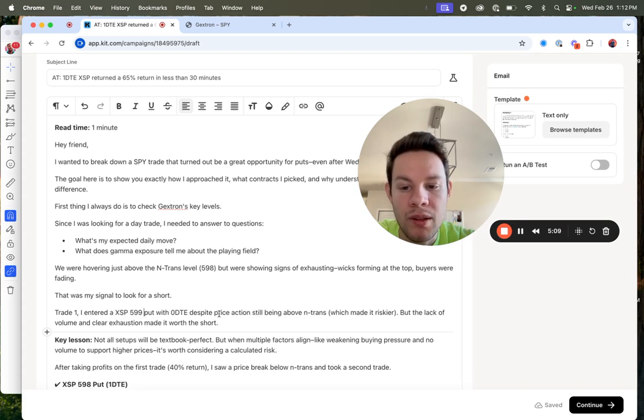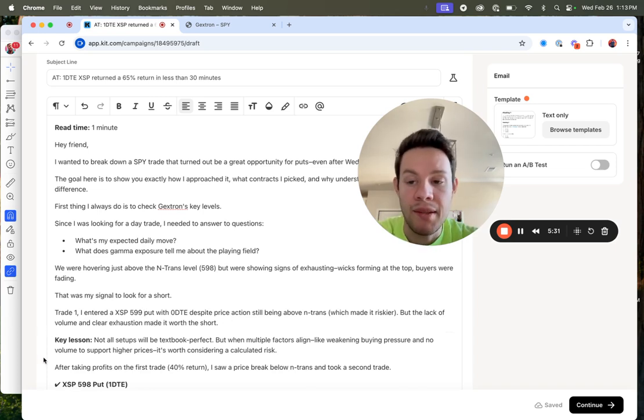Despite price action still being above the entrance level, which is not a very clear signal, anytime we take trades inside Gextron Max, we want price to be either above P trends or below entrance. We need that clear confirmation. But we're not perfect, right? The lack of volume and clear exhaustion made it worth the shot.